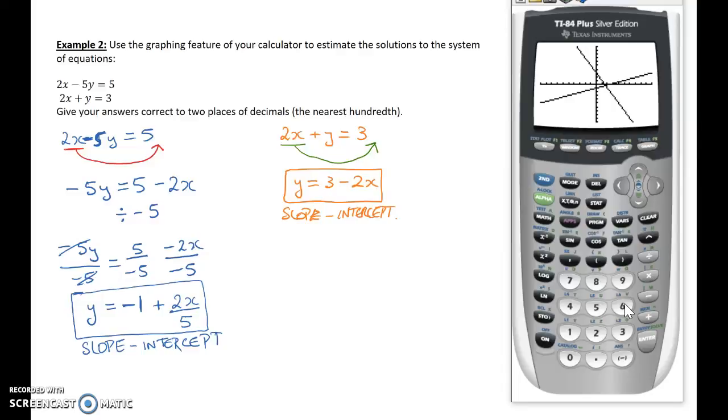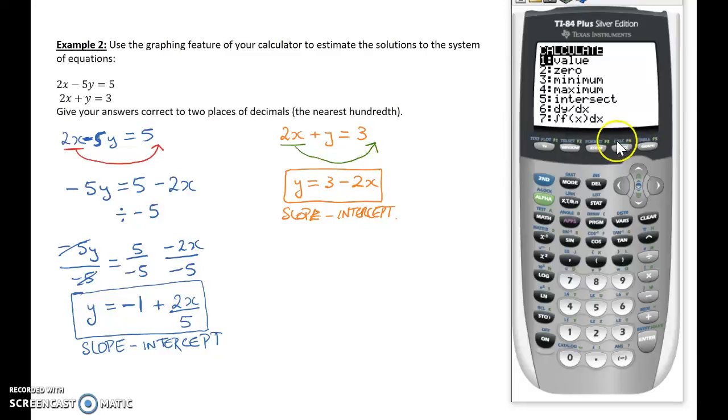Okay, we need to find out exactly what that point is, and this is how you do it. So go slowly through this. Anytime you want to do anything with a graph, you hit the second button, and then CALC stands for calculate up here. So we hit second first, and then we hit calculate. And we get a lot of choices. Now we want to find out where the two lines meet, and another word for that is intersect.